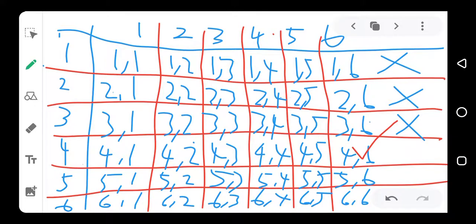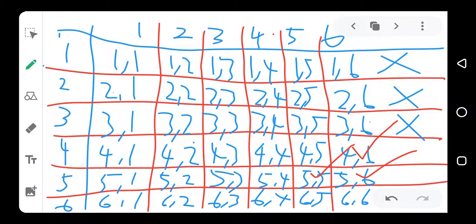Then we come to the fifth row. 5 plus 3 is not, 5 plus 4 is not, 5 plus 5 is 10, we mark it, and 5 plus 6 is 11, more than 9.